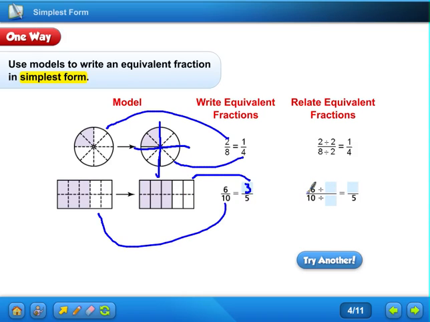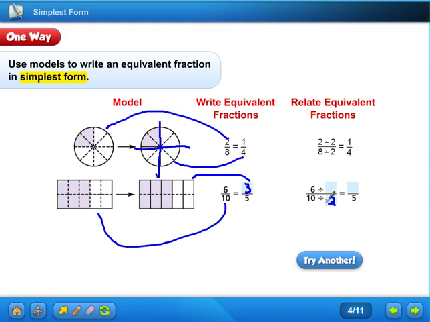So what are they dividing by? 10 divided by 5. 10 divided by what equals 5? 10 divided by 2, right? 10 divided by 2 equals 5. So whatever you do to the bottom, you have to do to the top.